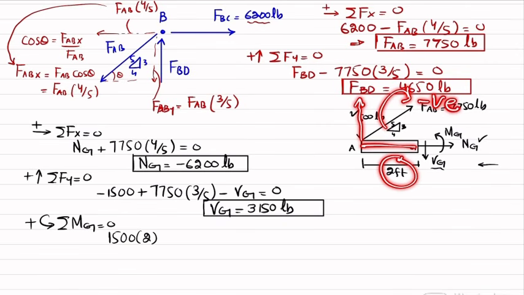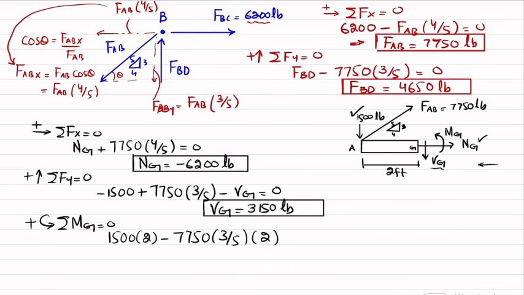The vertical component is 7750 into 3 by 5, and the perpendicular distance is 2, so it will be negative. And the last moment, which is counterclockwise at point G, is the internal moment, and that is equal to 0.